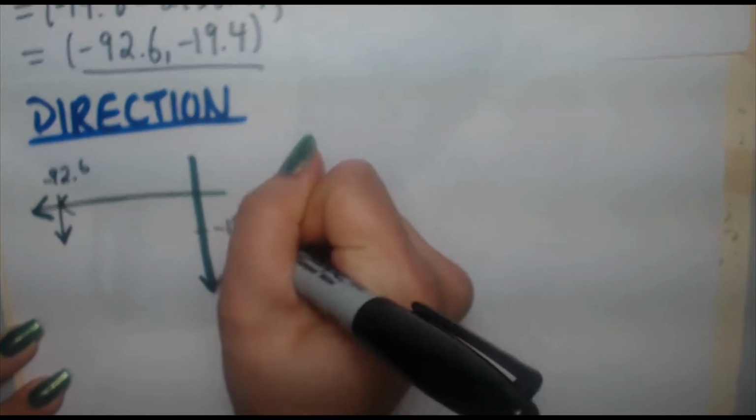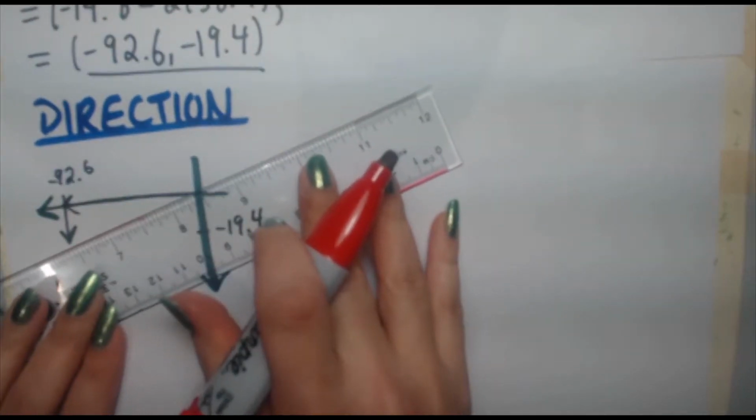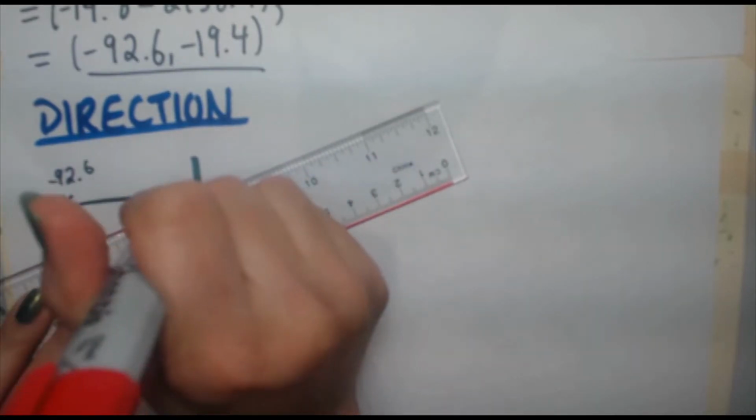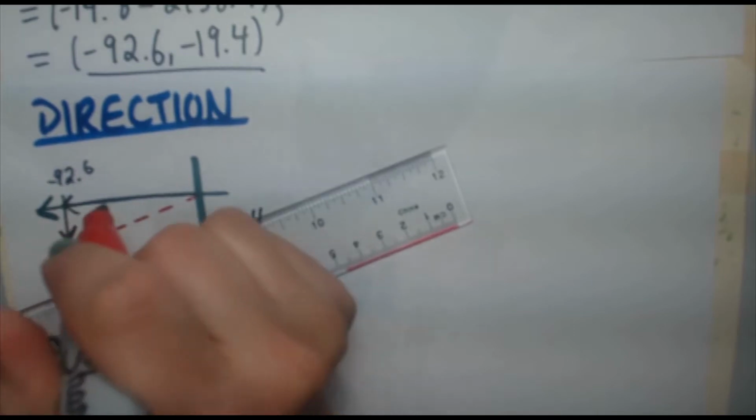Okay. And we're going to go ahead and connect that. We're going to draw our resultant. Remember, from the tail of the first vector to the tip of the second, in that order. So there's your resultant. Here's our angle theta. Okay.